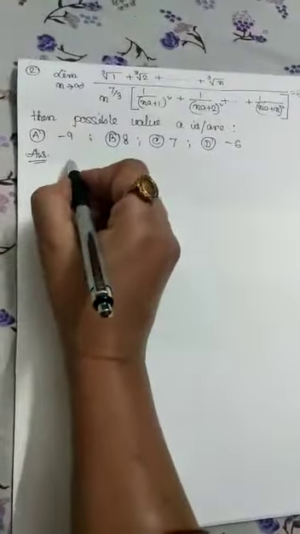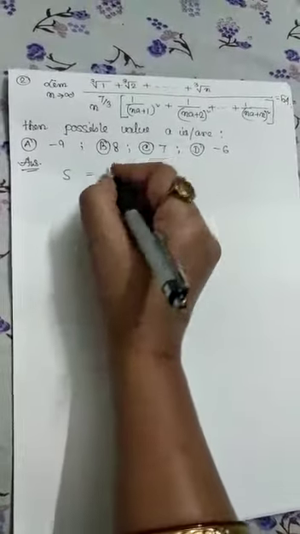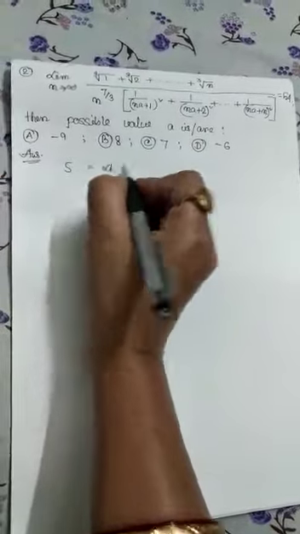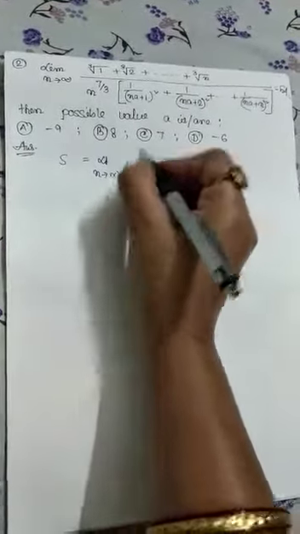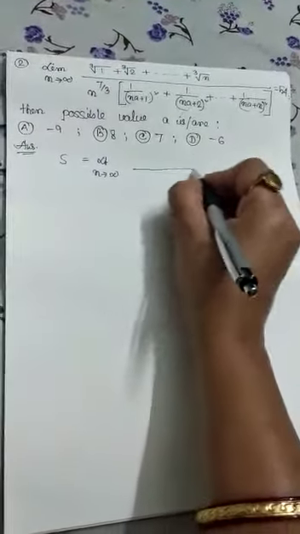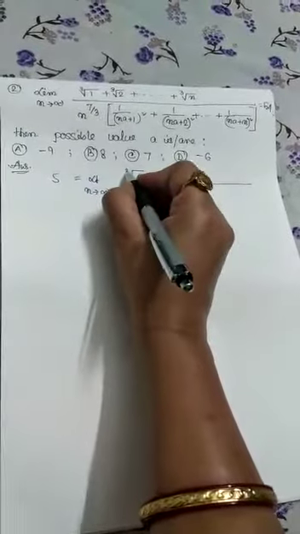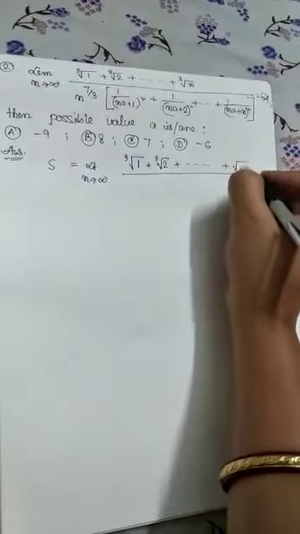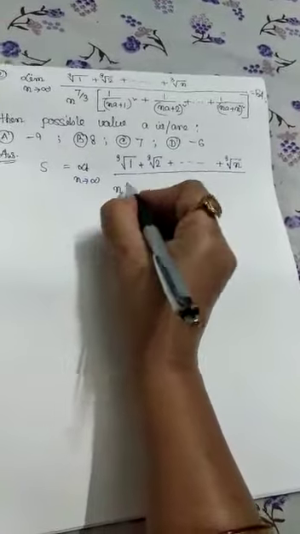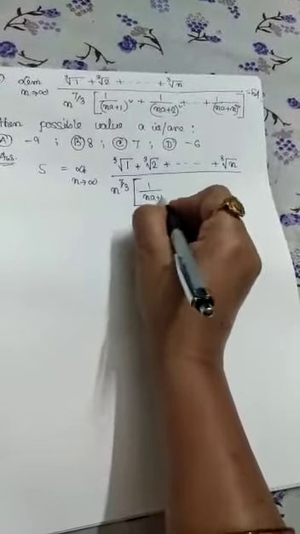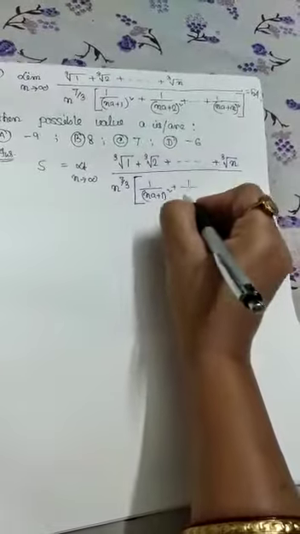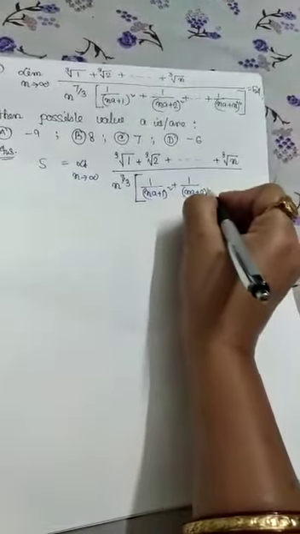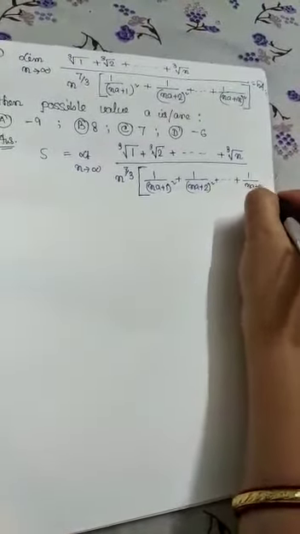At first, we know S is equal to limit n tends to infinity of (cube root 1 plus cube root 2 plus cube root up to n) divided by n to the power 7 by 3, times (1 by (na plus 1) whole square plus 1 by (na plus 2) whole square plus up to 1 by (na plus n) whole square).